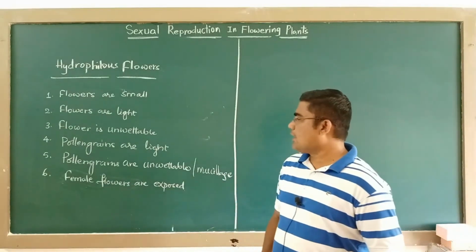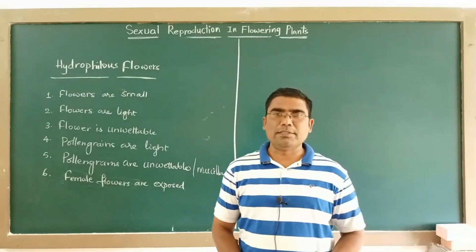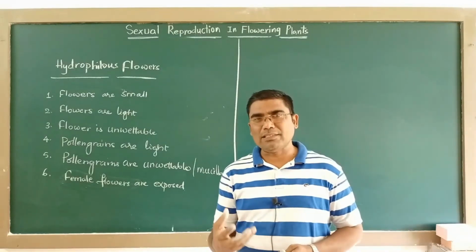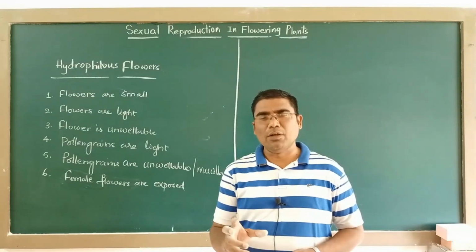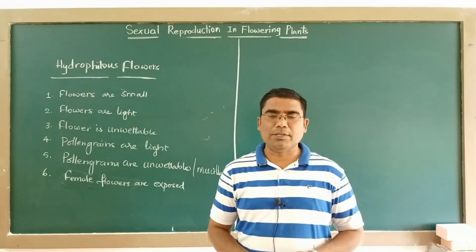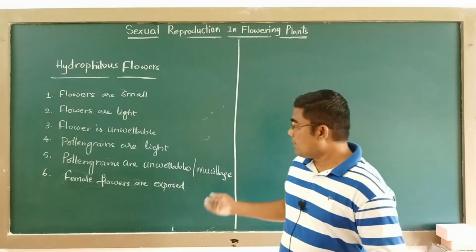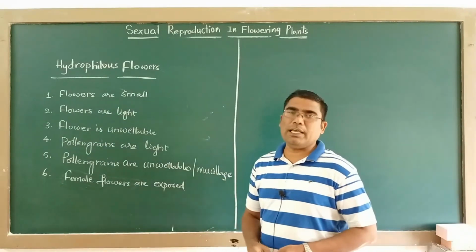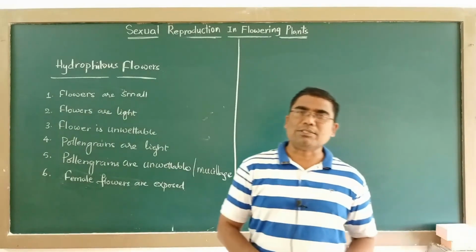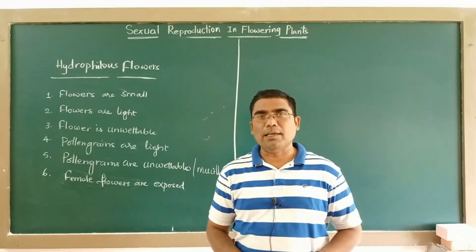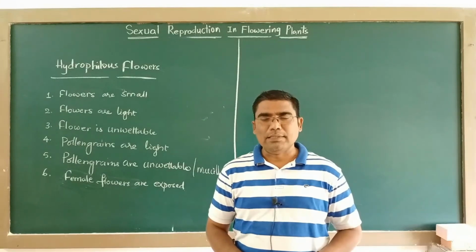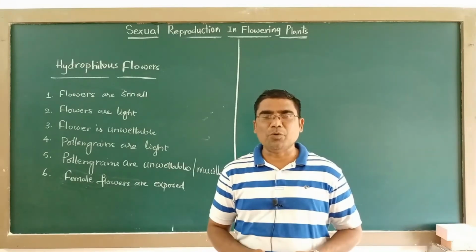Next, pollen grains are unwettable. This means the pollen grains released by the hydrophilous flowers in water do not easily become wet, because they are covered with a coating of mucilage. Mucilage is a sticky coating. Commonly, when you observe algae, they have a type of sticky coating.